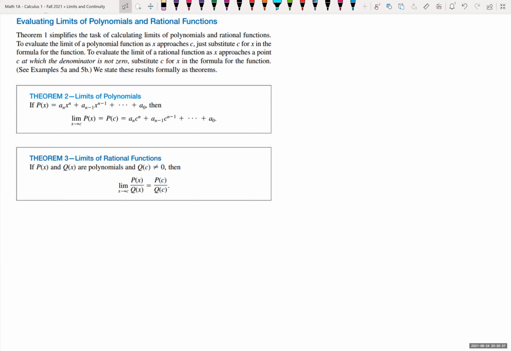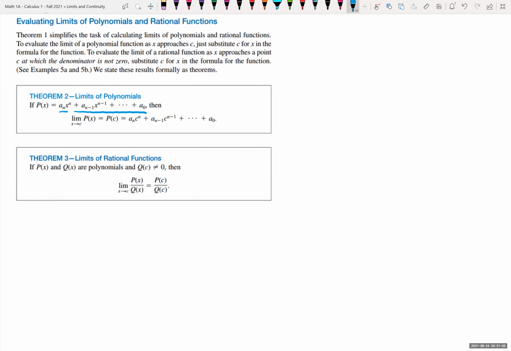So because of the limit laws, we can use this limit of polynomials, which basically says if we're working with a polynomial, remember what it meant to be a polynomial, with this mathematical definition. It looks kind of scary, but it's not that bad. Basically, p of x is equal to a sub n x to the n plus a sub n-1 x to the n-1 plus ... plus a sub 0.